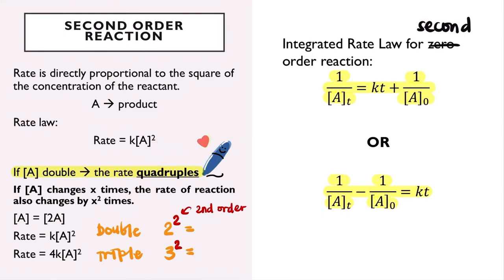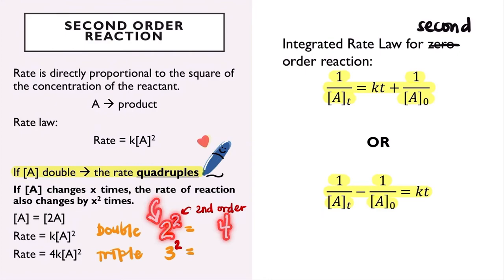Okay, so how do we make this easy? How do we understand this? If I say double, I will write 2. Since this is second order, then I will write 2 here. So for second order, if you double the concentration of A, it will increase by the factor of 4.